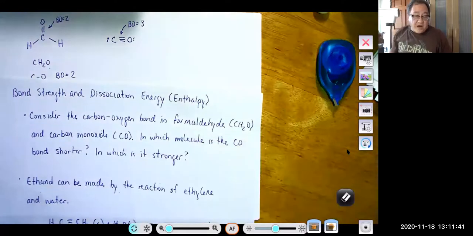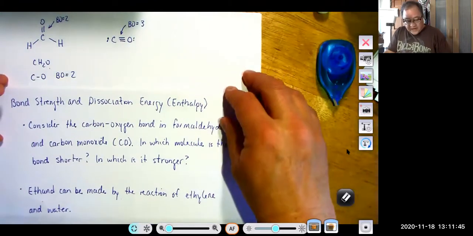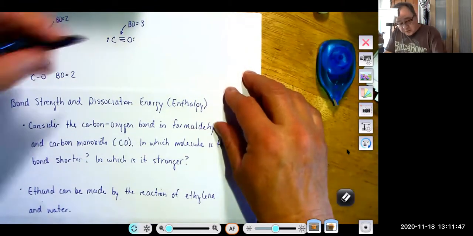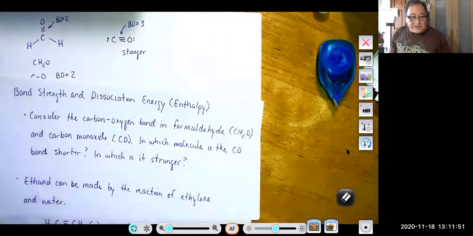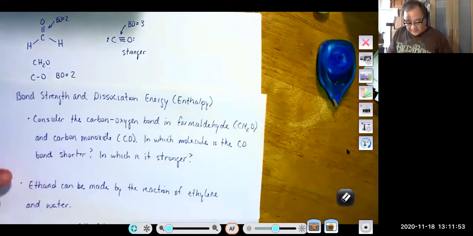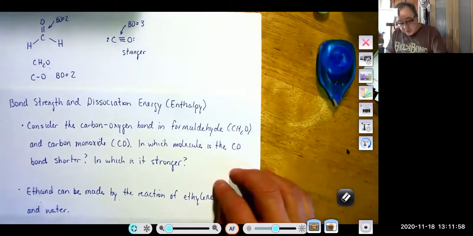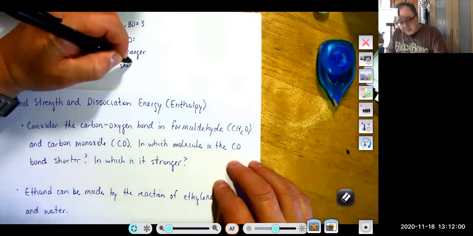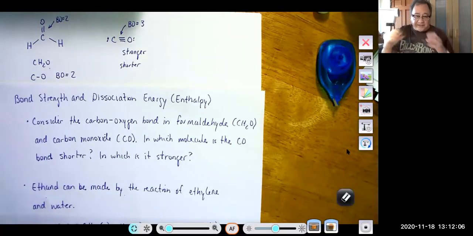When you have a single bond, the bond order is 1. So let's answer which one is stronger. This one is stronger. More bonds, the harder it is to break, the stronger it is. Let's talk about shortness. This one's shorter. Turns out that more electrons makes a shorter bond because you want to think about those electrons as like rubber bands pulling things together.